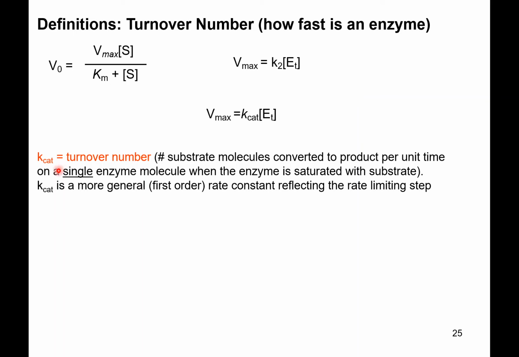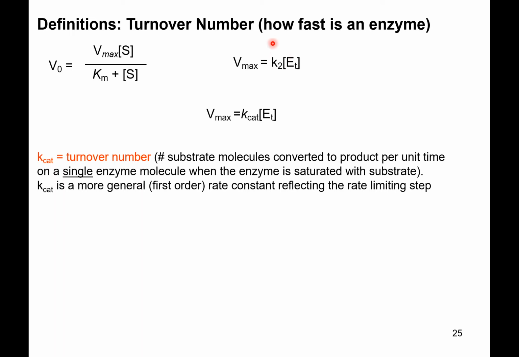Right. So our what's known as Kcat, or turnover number, that's the number of substrate molecules converted to product per unit time on a single enzyme molecule when the enzyme is saturated with substrate. So Kcat is more general rate constant, or first order rate constant, reflecting just the rate limiting step.